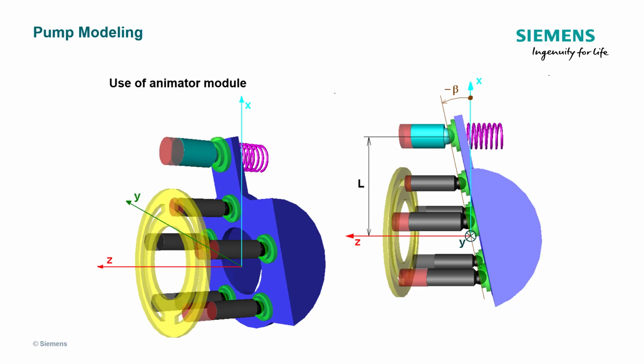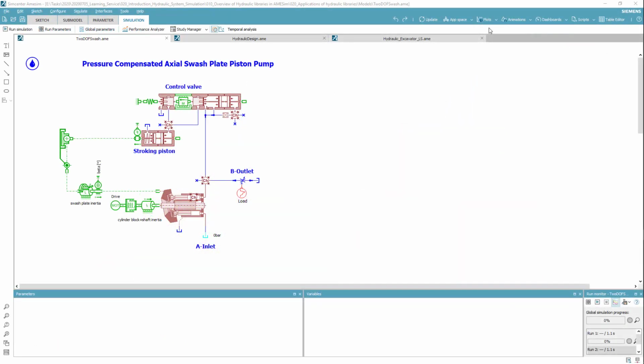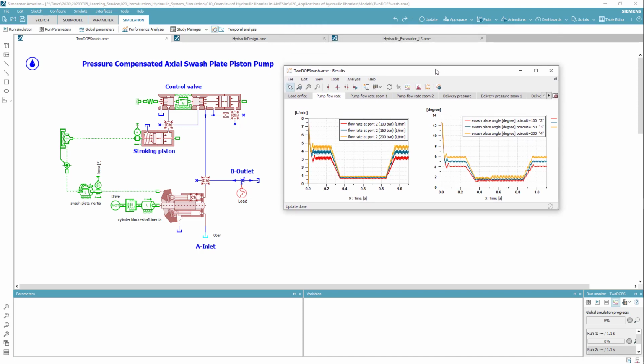Now let's look at the real swash plate pump model in SimCenter MSIM. It's a simple and short scenario. Let's check the results. At the beginning, the swash plate angle is around 5 or 6 degrees, and then the swash plate goes to its vertical position, which is basically 0 or 1 degree, and we can see the flow rate provided by this pump varies from 4 liters per minute to only 1 liter per minute.